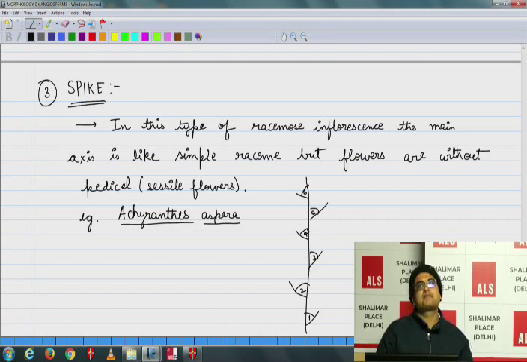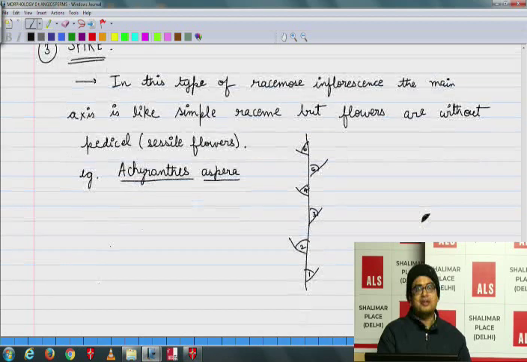Have you seen? Small seeds, this much in size. Have you seen?